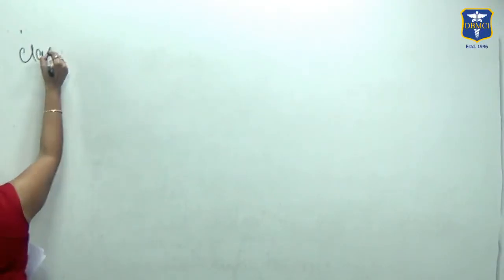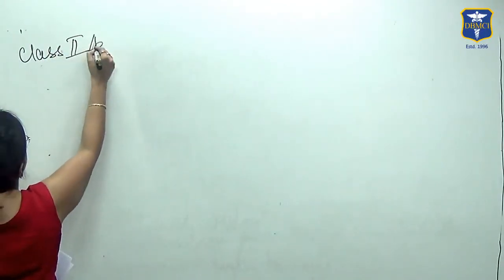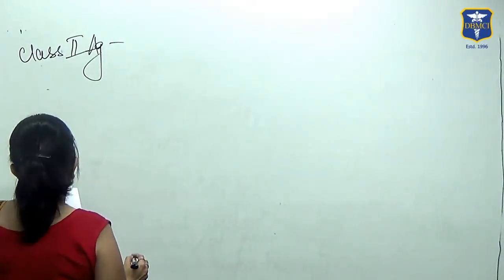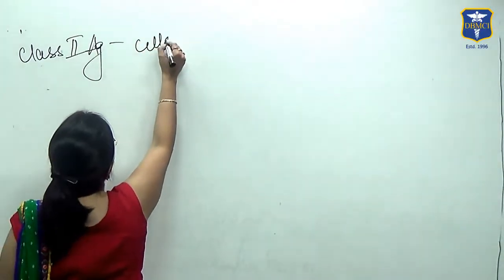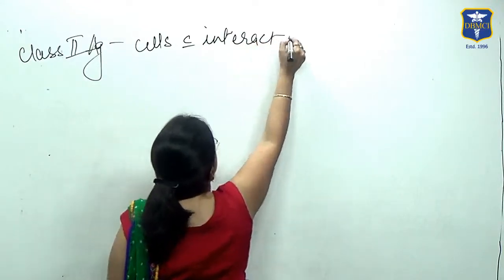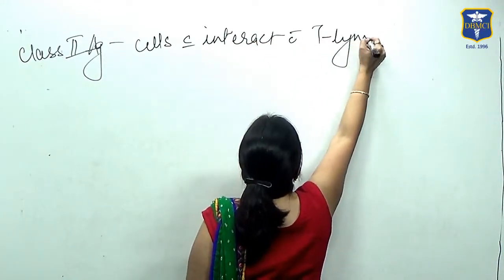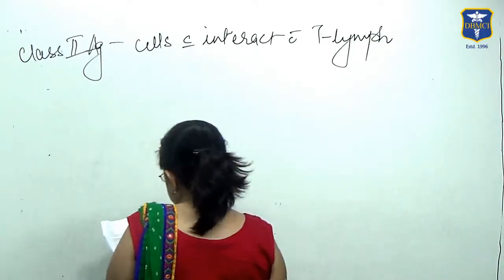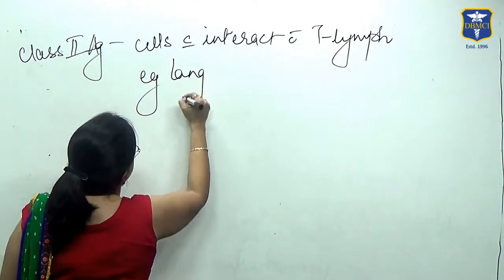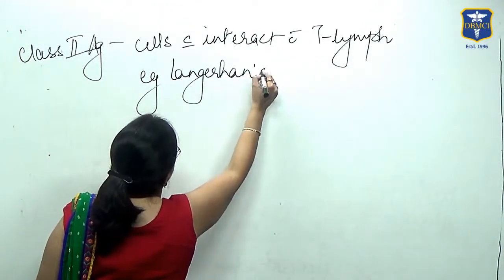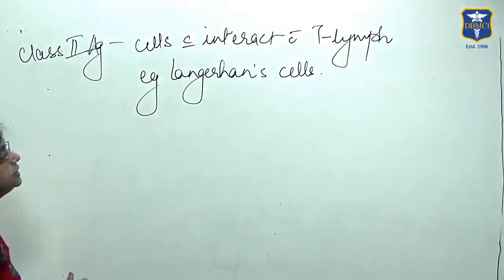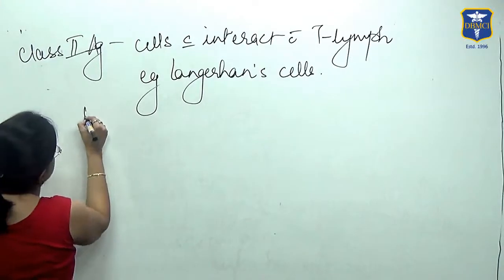The class 2 antigens are found on the cells which interact with T lymphocytes, for example, Langerhans cells, and this is to initiate an immune response.